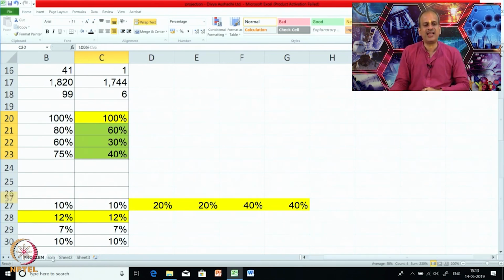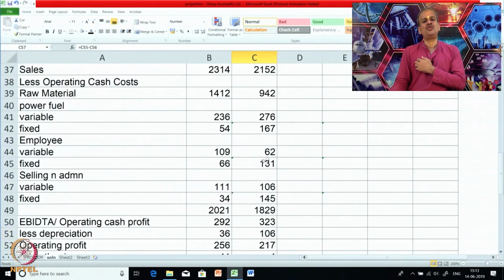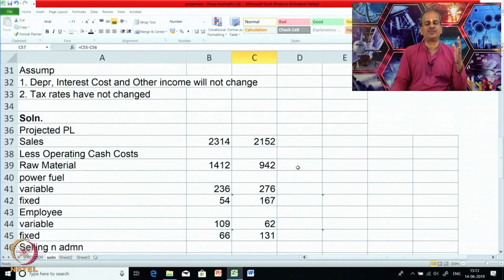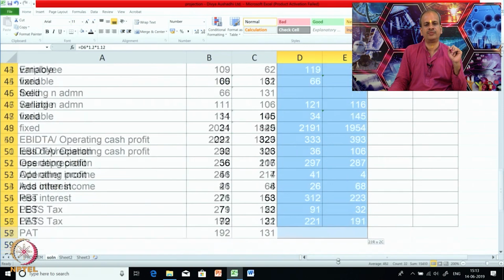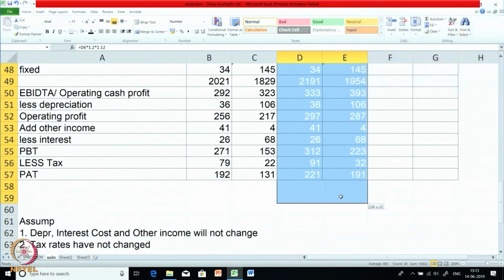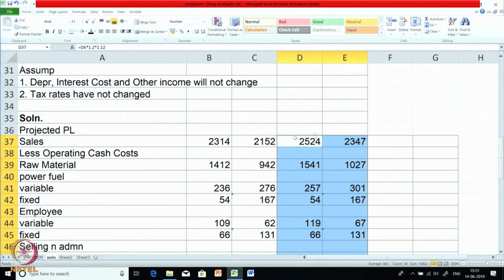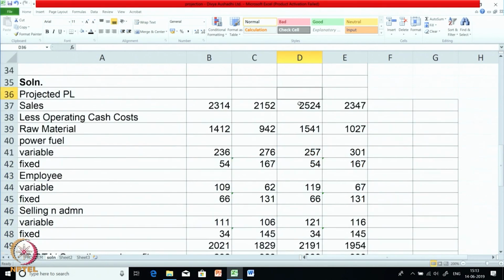I will just show you the calculations. I will request you to do it yourself because that will give you more practice. But right now, since the time is limited, we will directly jump to the answer. If I make this visible, now just observe how I have done it, same like last time.